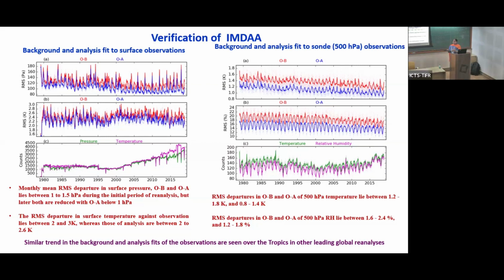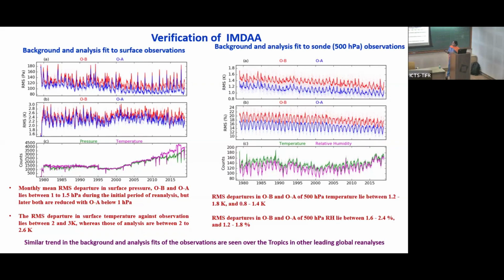So that analysis should be better than the background. So we always expect, if the assimilation system is working fine, our O minus A should always be less than O minus B. So here we can see that throughout the period we have lower O minus A compared to the O minus B value for the temperature, and also for the pressure.